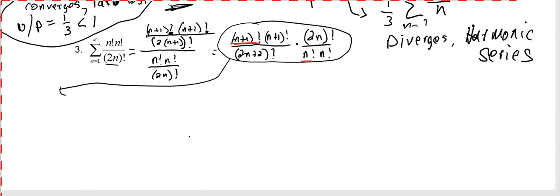So all we're going to do is reduce that down far enough to where it would cancel out the n factorial. That's going to look like this. So this n plus 1 factorial, all I really need to do is do n plus 1, n, and then I'm going to put the factorial behind that, indicating that we would go on forever.